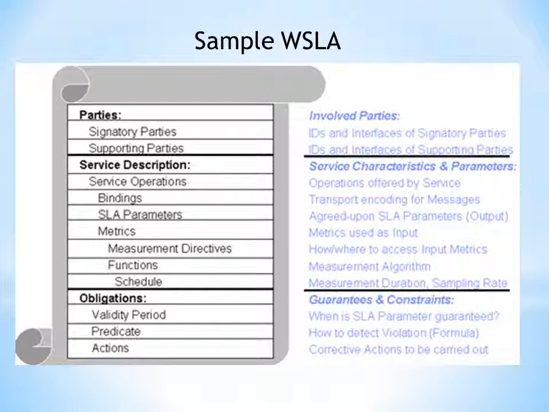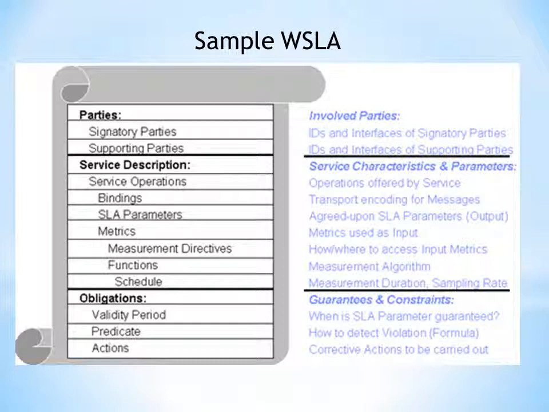So there would be a rather detailed description of what service is being offered, what operations are offered by the services, any bindings, are there any encryption, encoding, transport for messages that need to be defined.